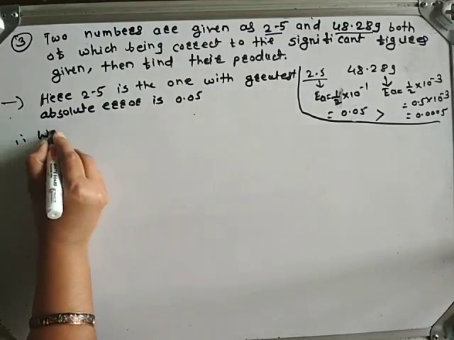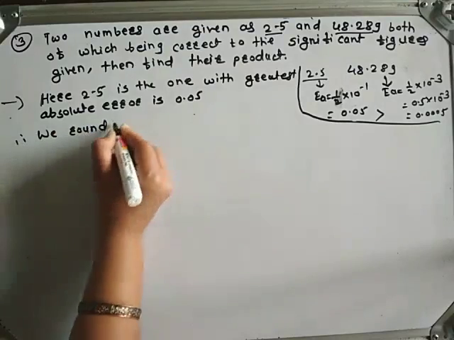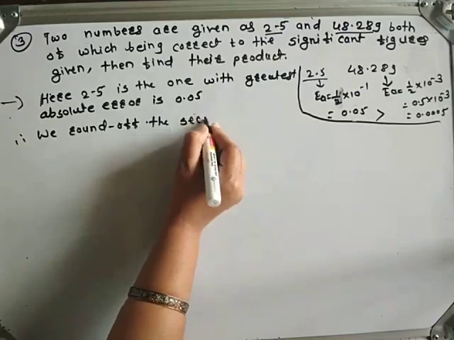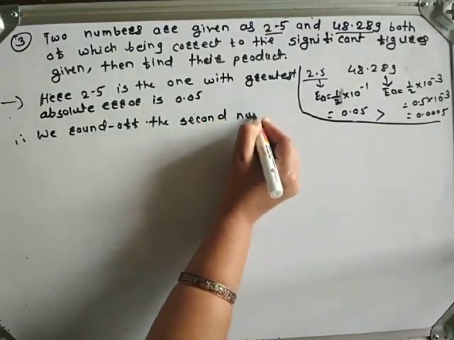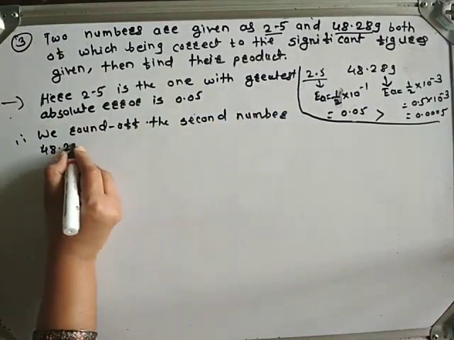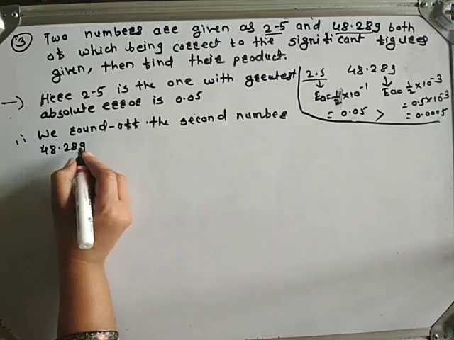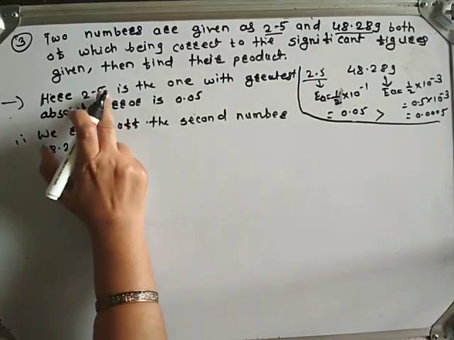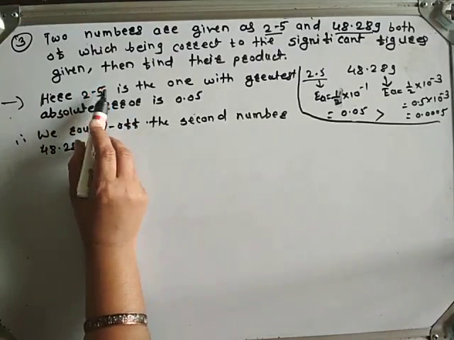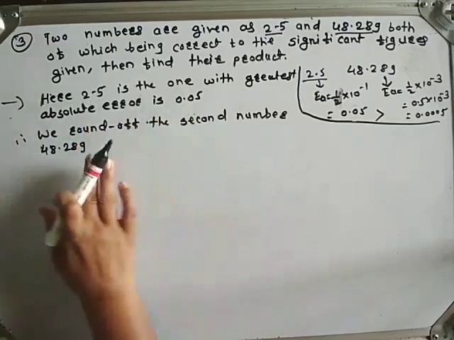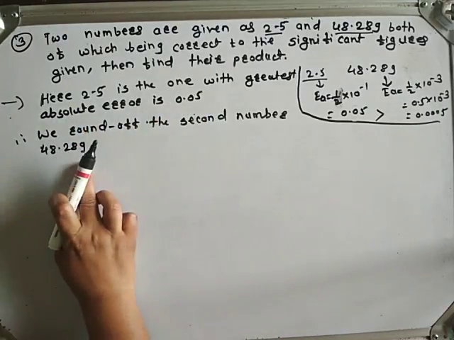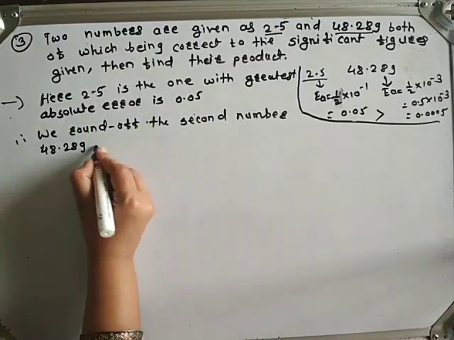Therefore, we round off the second number 48.289 one digit more than this number. See here, significant figures for this number is 2. Therefore, we round off this number to one digit more, that is, we round off this number to 3 significant figures.